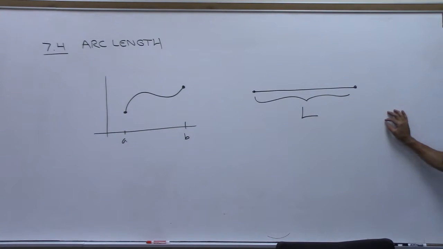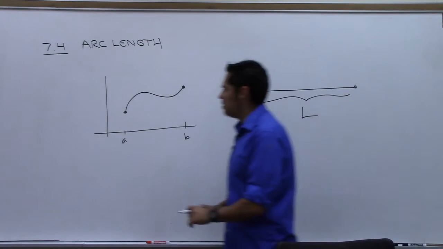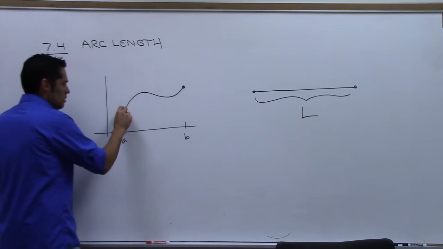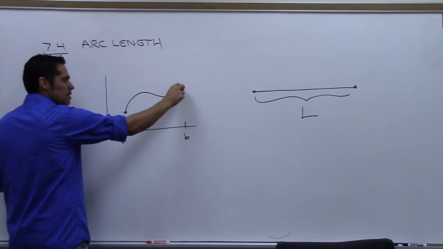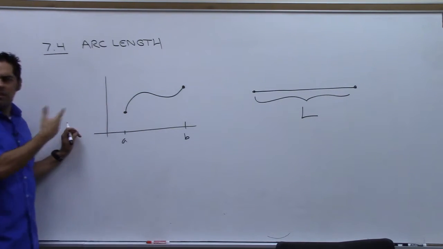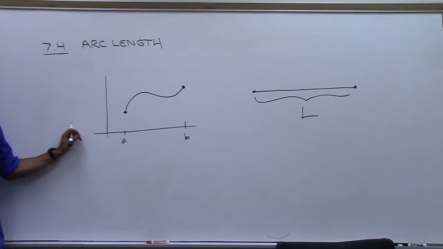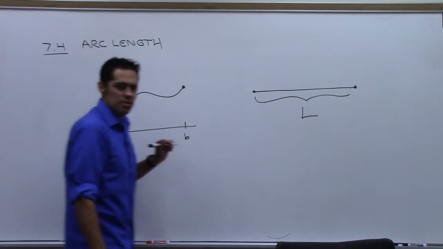If this was a little bug crawling on this whiteboard, then that L would be the total distance it would have traveled, right? Linear distance. And that's what we are attempting to do in this section.